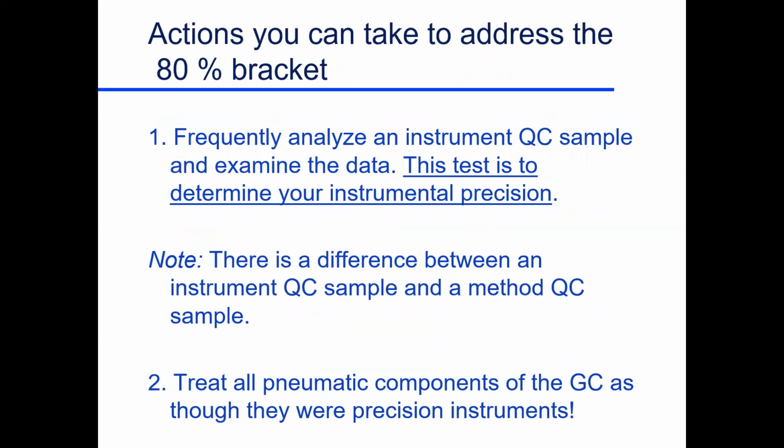That time when you don't get the results you want, that 80% bracket, that's where you make the mixture of standards. You make that mixture of standards, known compounds, known concentrations. You inject it into your gas chromatograph. Do you get the separation you want? Maybe you've got a compound that elutes at 2.316 minutes. Is it 2.316 minutes now? It was last week.